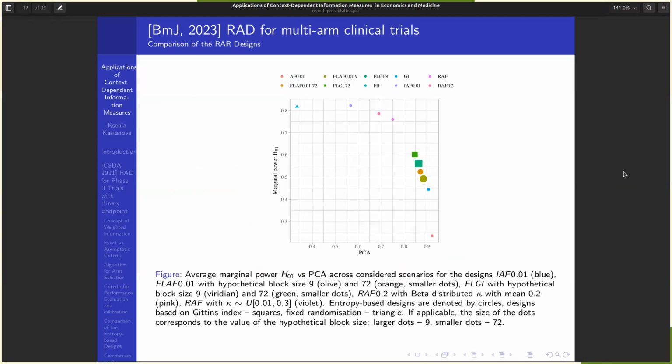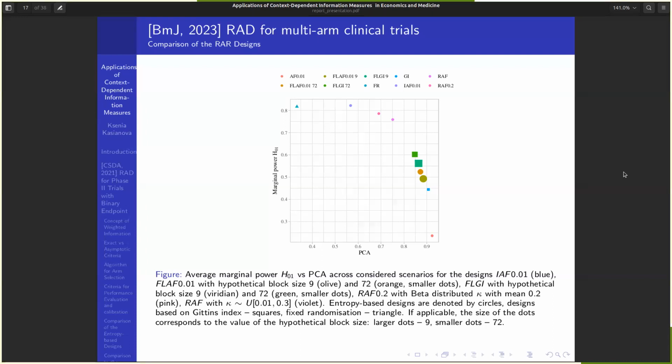So in this plot, there is the average marginal power of checking the hypothesis that the first control arm and the second, the winning arm, are different, and the PCA, probability of correct allocation, across the winning scenarios.